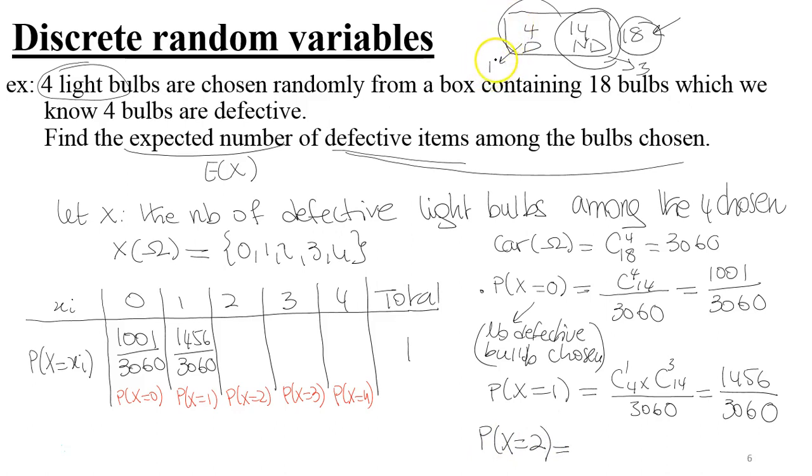So over here, I'm choosing 2 out of these 4 and 2 out of these 14. So that's C2 out of 4 times C2 out of 14, divided by 3060.